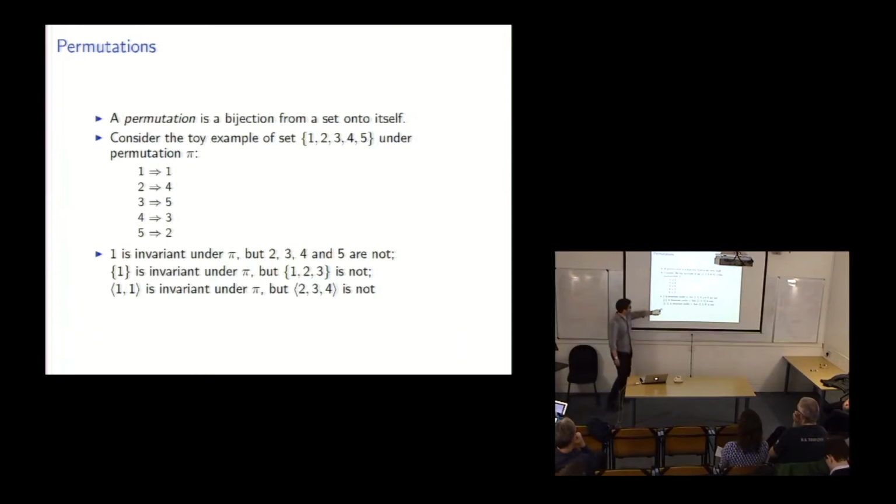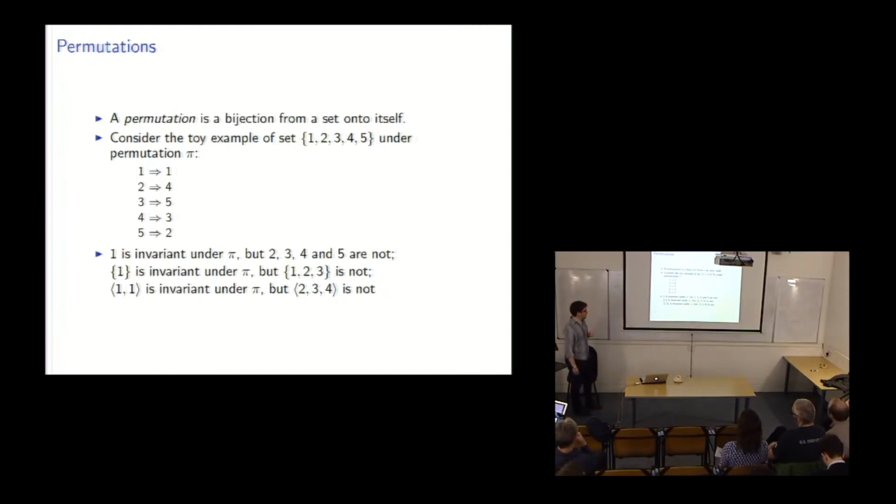The singleton of 1 here, that set is invariant under this transformation because all the members of that set got mapped to themselves, in particular just 1, which got mapped to itself. But for example, the set containing the numbers 1, 2, and 3 is not, because that's being mapped to the set containing the numbers 1, 4, and 5, and those are different sets. So that's variant, although the singleton of 1 here was invariant.